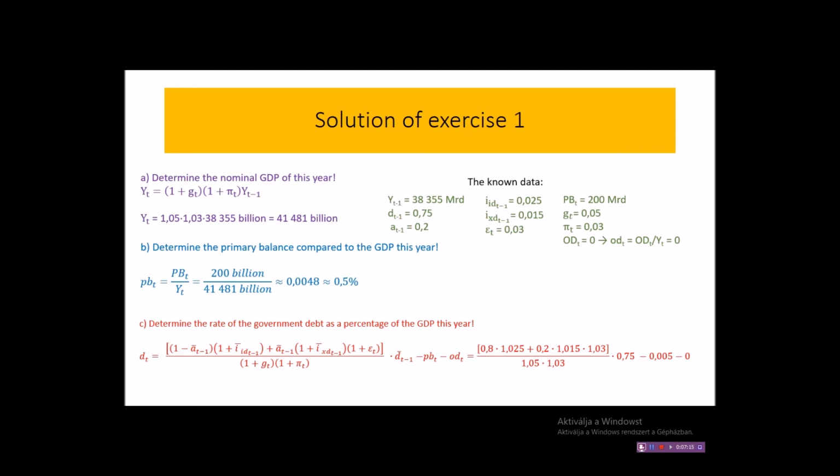There is indeed a lot of information, however by now you should be able to recognize the markings, the content, and also where you can find this information within the text. After that, this exercise is only substituting the right numbers to the right places. 1 minus a t minus 1 equals 1 minus 0.2, which is 0.8. 0.8 means that 80% of the total government debt is in national currency, and obviously the debt rate will increase this year by the interest rates.